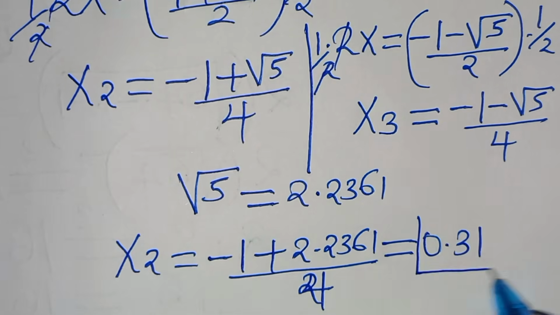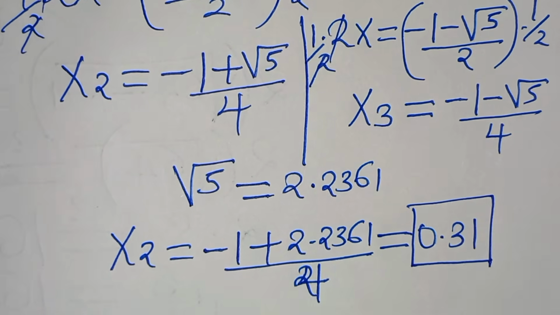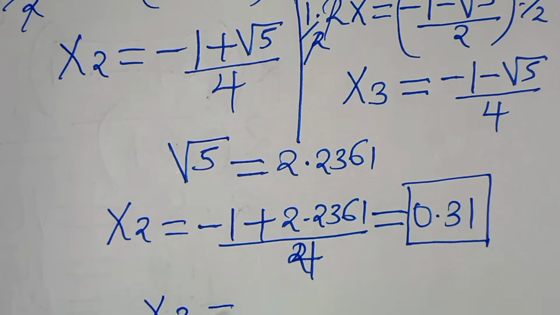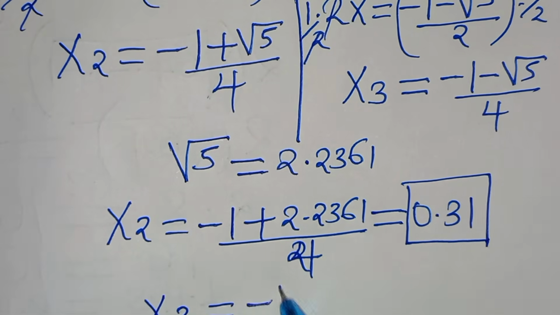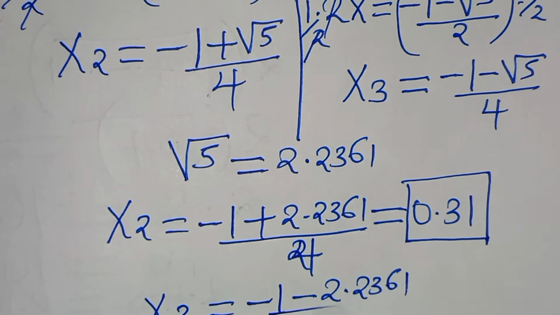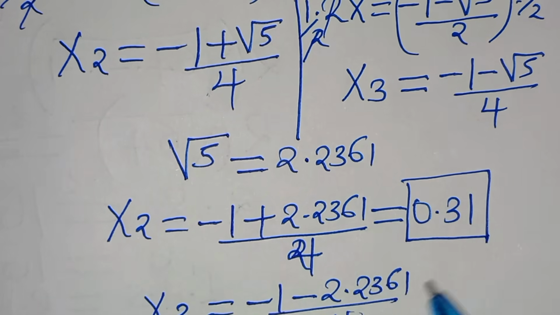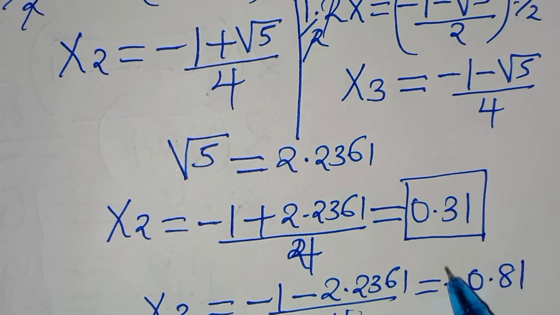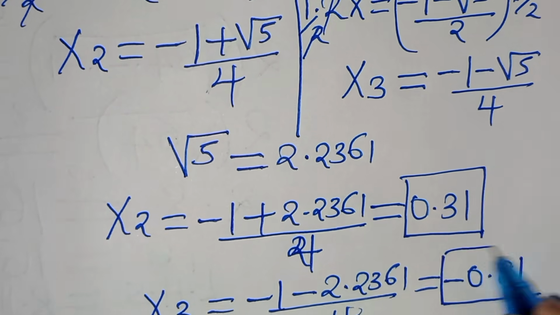So this is the value of x2, 0.31. Now let's solve for x3. x3 will be equal to negative 1 minus 2.2361 divided by 4. And this is equal to negative 0.81. So this is the value of x3.